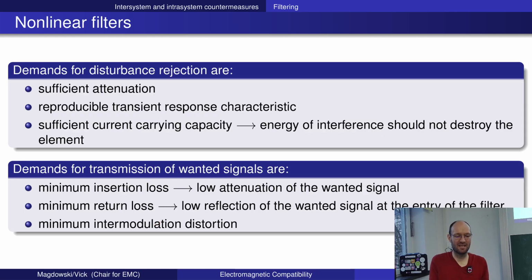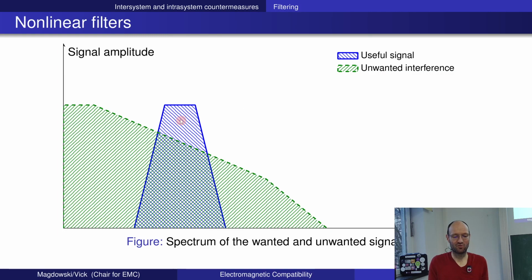Which can happen because a nonlinear filter, as the name says, consists of nonlinear components, and nonlinear components could also create additional frequencies. So you have this useful signal band, and you feed it to some nonlinear components, and then harmonics would be generated.